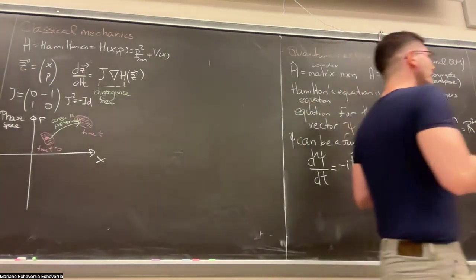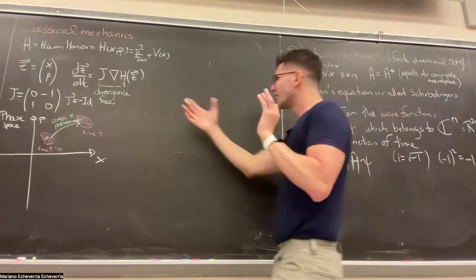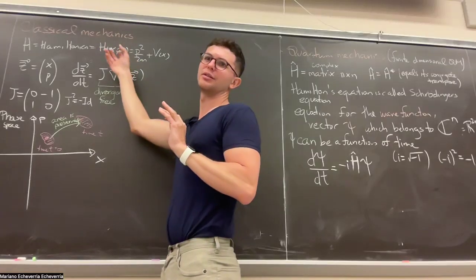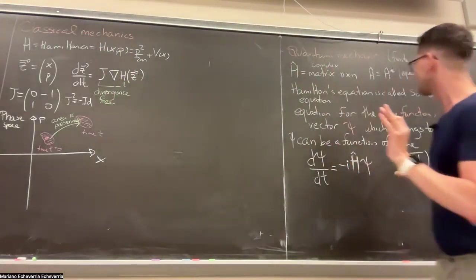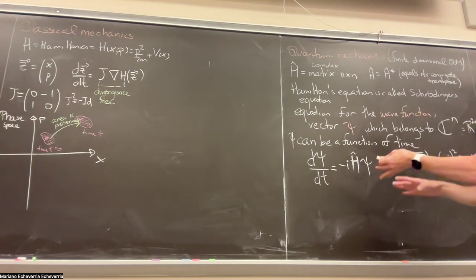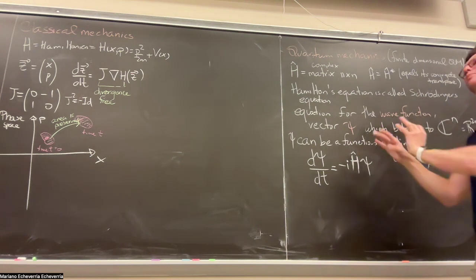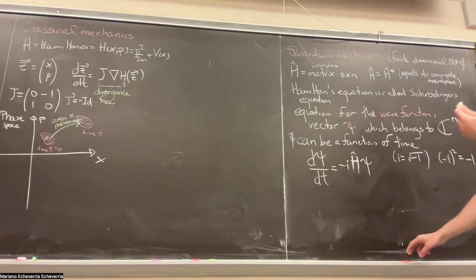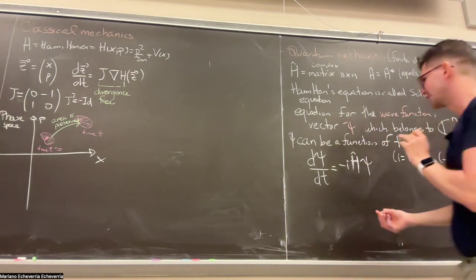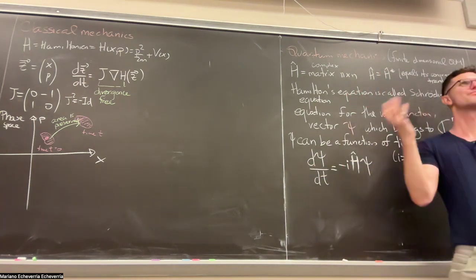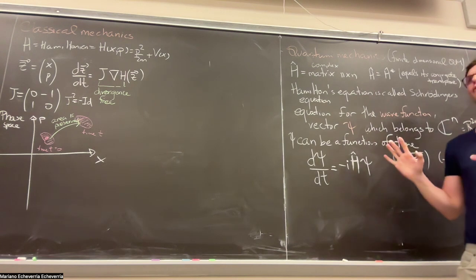It matches well when the Hamiltonian is quadratic, so that the equations are linear. All I'm trying to say is that it is, in a sense, a linear version of classical mechanics, of Hamilton's equations, but with complex numbers. It matches as best as you could hope in the mathematical formalism.